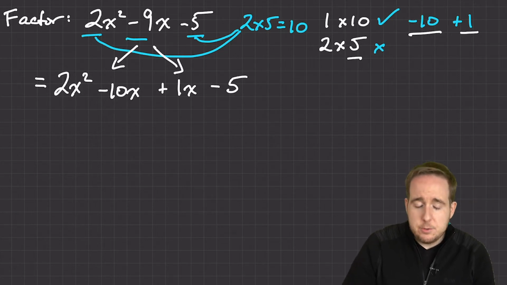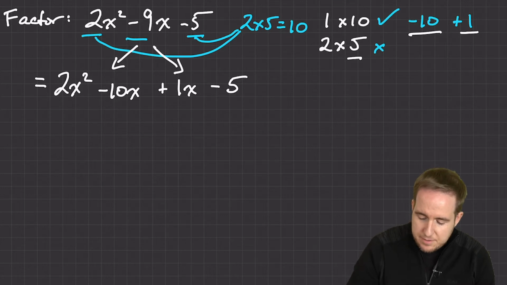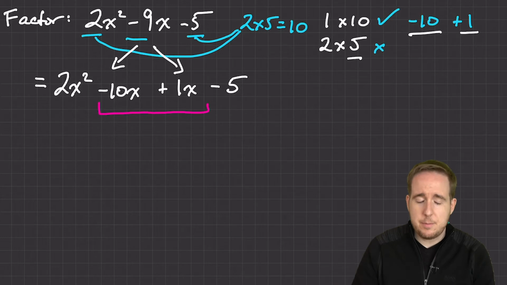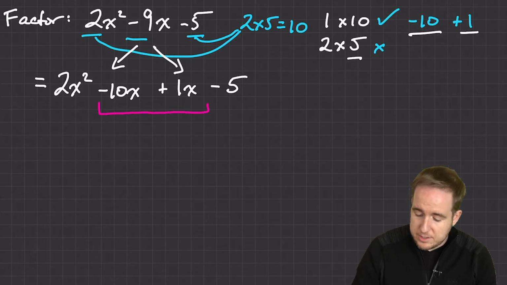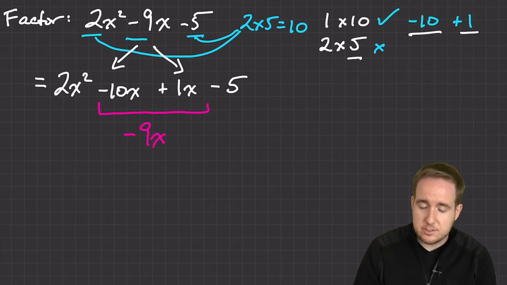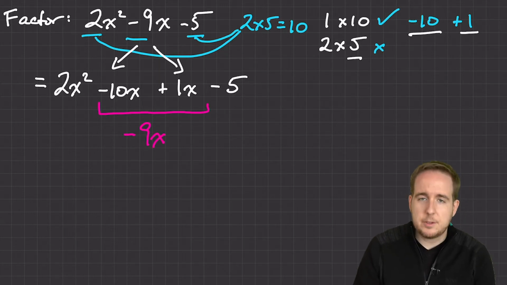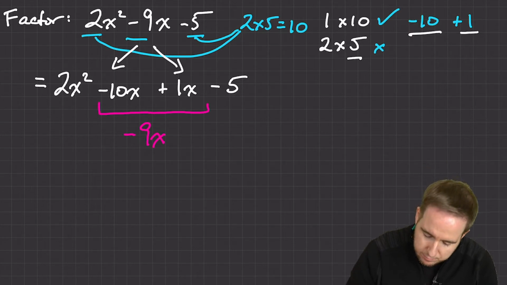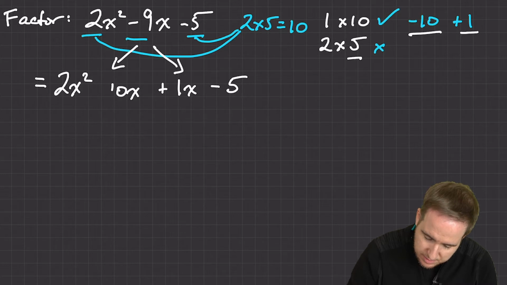Why am I allowed to do that? Well, because if I gave this back to somebody who was just learning how to do the distributive property, collecting like terms, all of that, they would say -10 plus 1, that's -9x. So they're the same, it's just this is a more complicated way of writing it. Why did I choose that random way of writing it? Well, let's find out.